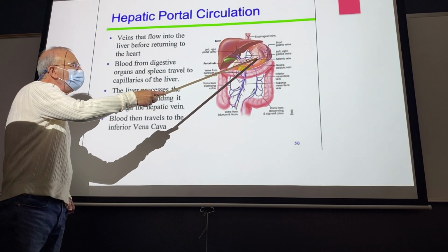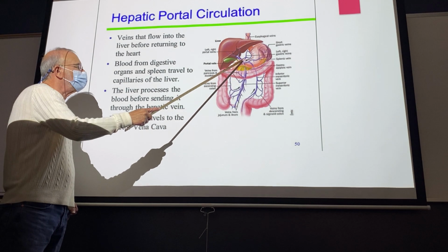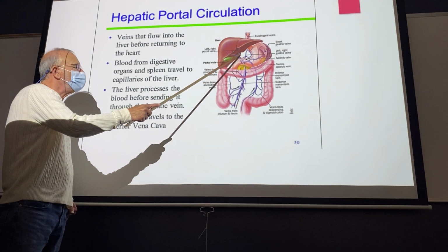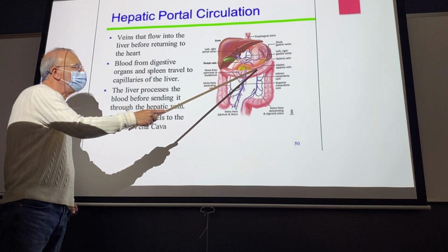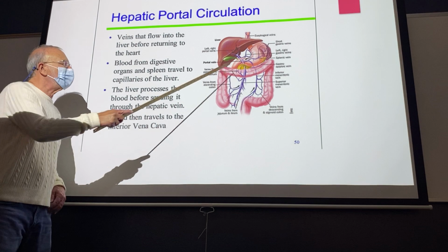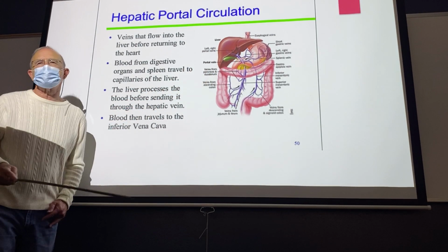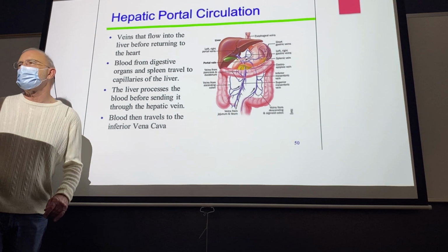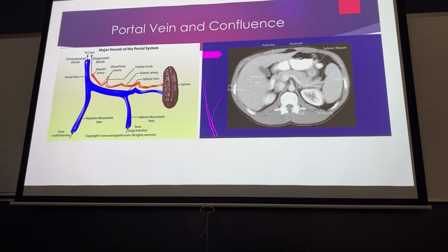So what you have is three tributaries coming together to form one portal vein: the splenic vein, the inferior mesenteric vein, and the SMV. Then that blood is going to be skirted into the liver, go through a process of filtration, and then we'll find there are three major hepatic veins that will return it back into the IVC.